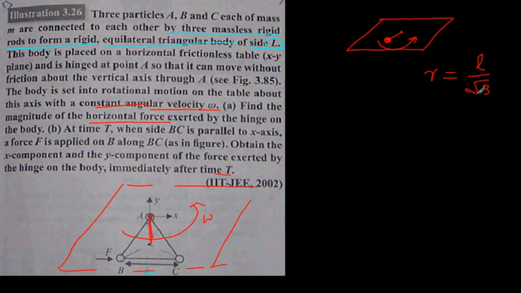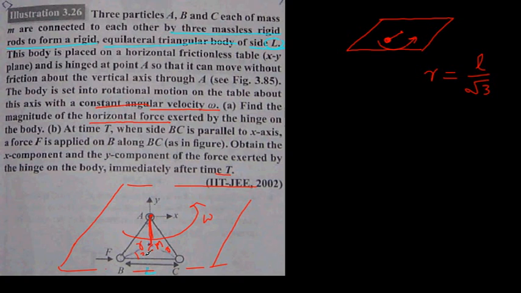It's very simple to find this radius of gyration. The distance from this point to the center of mass should be equal from each mass m, which means this r and this r are equal, and this angle is 30 degrees.